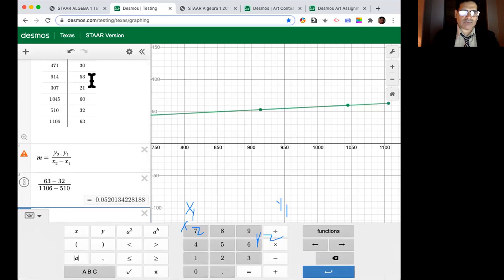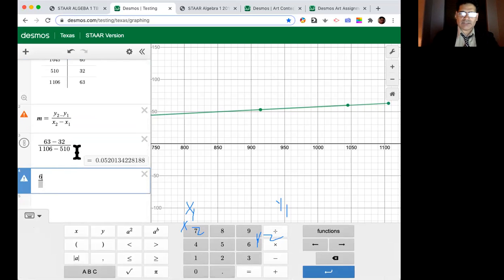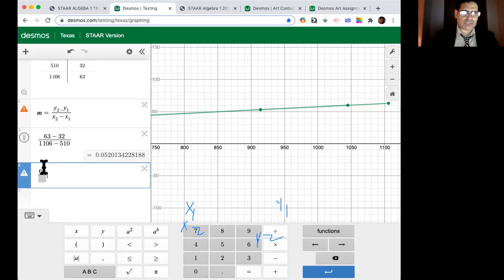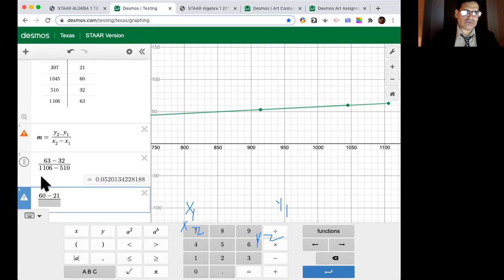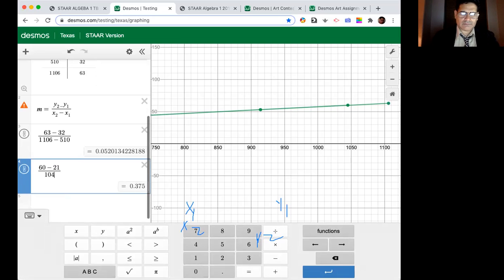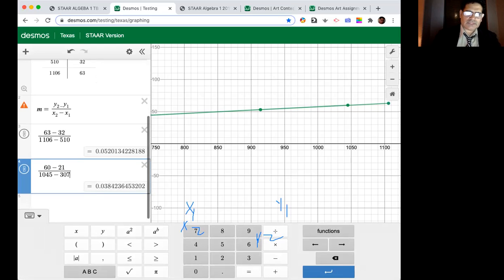So let's take 60 minus 21, that's another y2 over y1 change, over x2 of 1,045 minus 307. Okay. And that is giving us a constant rate, 0.052. All right. So far we have 2 that are giving us that rate of 0.052.